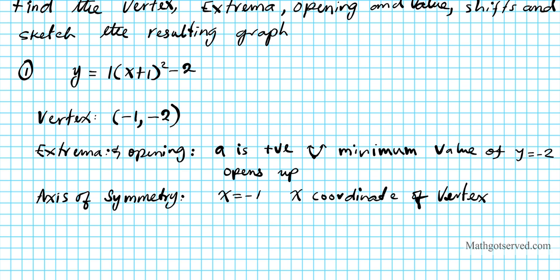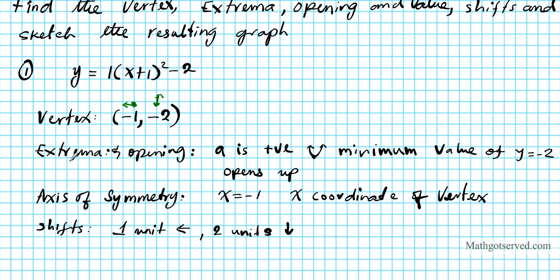All right, now let's take a look at the shifts. Since you have +1 with the x, that means you're going to go 1 unit to the left, and then 2 units down. Your x coordinate moves side to side, the horizontal movement, and your y coordinate goes up and down vertically.